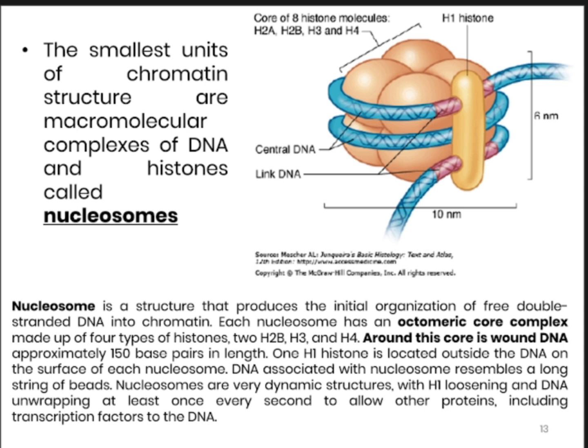When chromatin is extracted from the nucleus, the nucleosomal substructure of the chromatin is visible under TEM, or transmission electron microscopy, and it's often described as beads on a string.